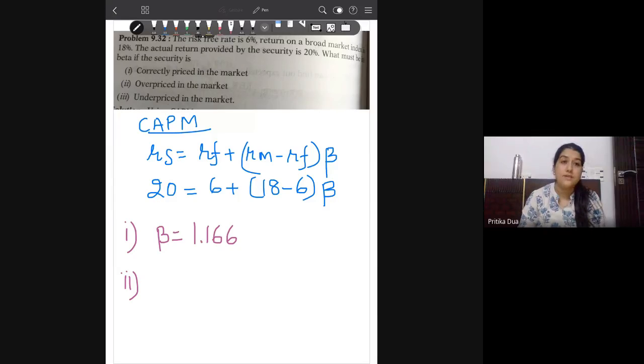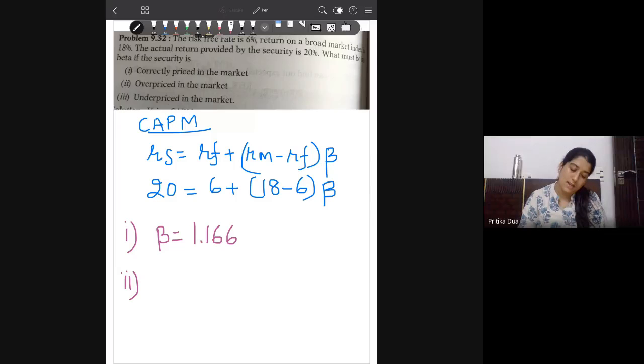So after this, what should be the beta if the security is overpriced? Okay, so overpriced जो security होती है that lies below the capital market line.